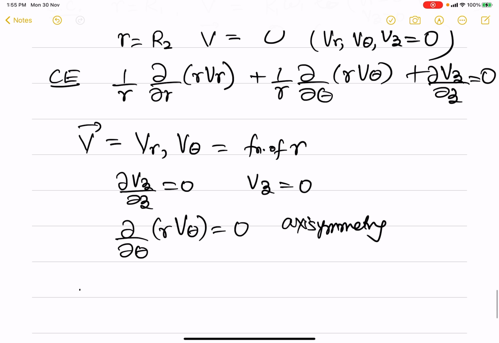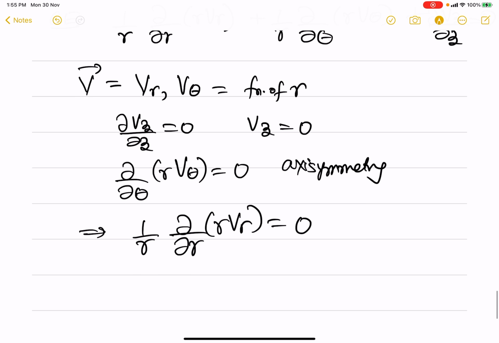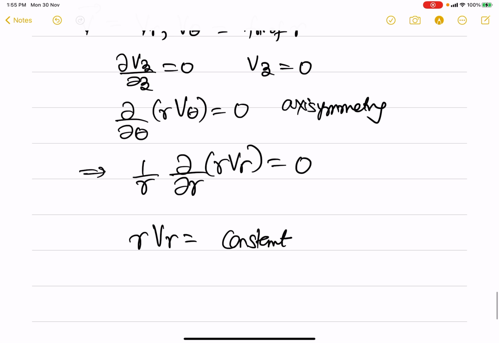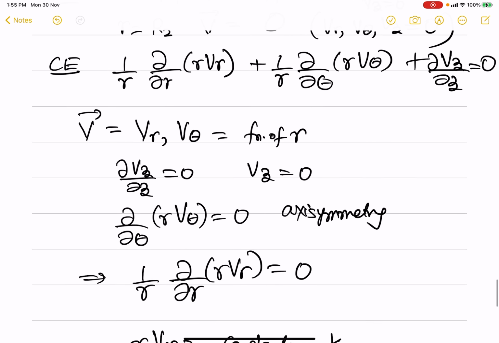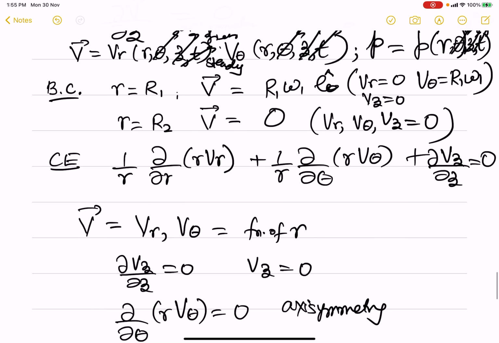So therefore from here what we get is 1 over r d by dr of r Vr is equal to 0, and from here we get r Vr is equal to constant, let's call it k. So Vr is equal to k by r. Now we use the boundary condition.